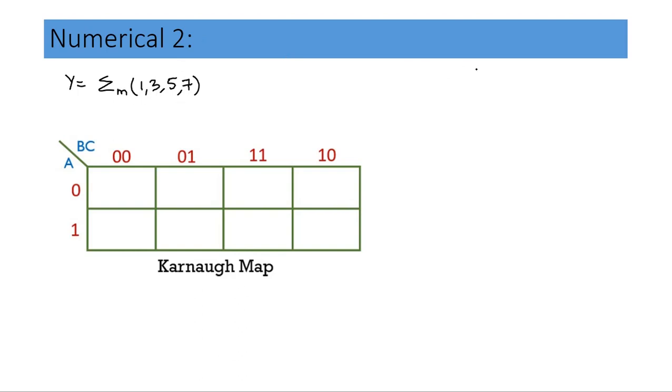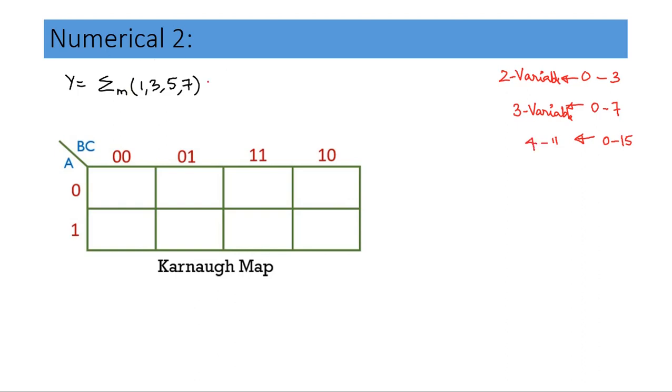If your minterm length ranges between 0 to 3, then it means that it is a two variable Karnaugh map. If your minterm ranges between 0 to 7, then it is a three variable Karnaugh map. And if your minterm ranges between 0 to 15, it means it's a four variable Karnaugh map.